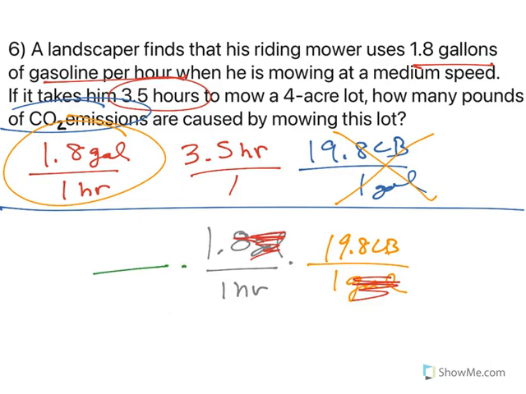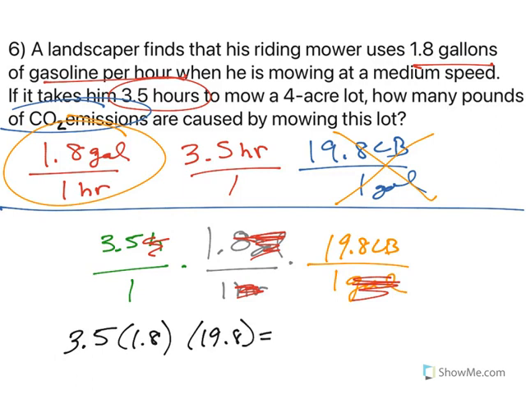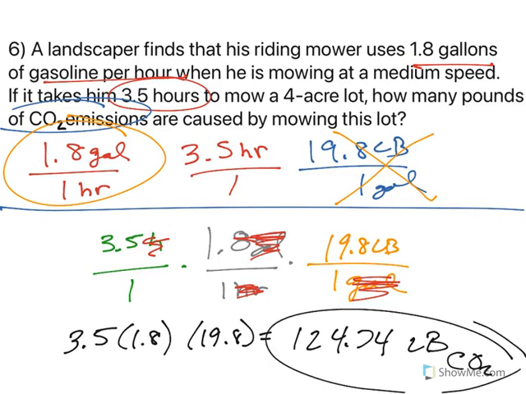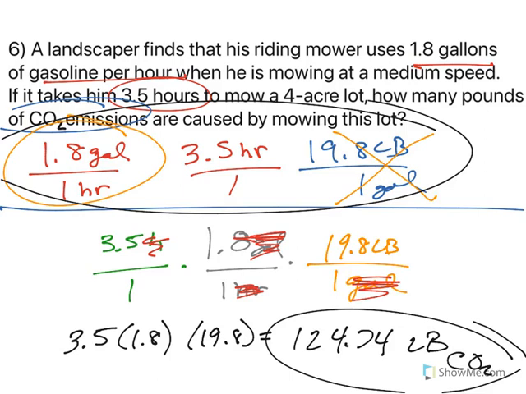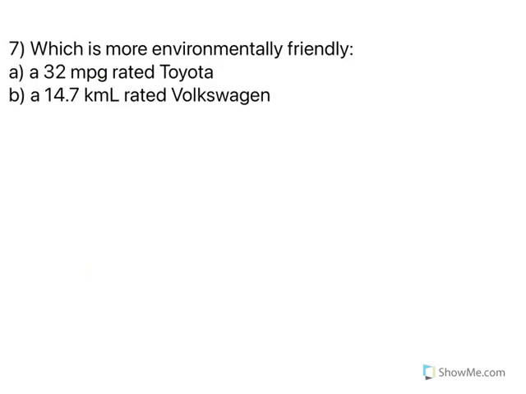And then I have my 3.5 hours over 1, which makes the hours go away. So I'm going to have 3.5 times 1.8 times 19.8 equals 124.74 pounds of CO2. So again, think about what you have. It might help to write down what you know, and then you can go from there.